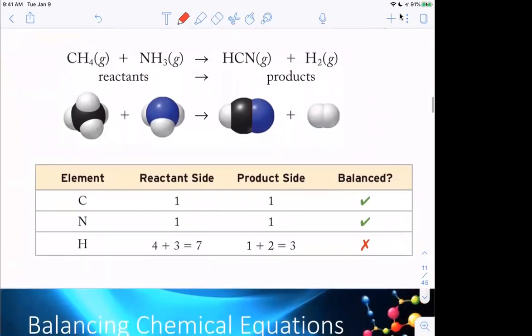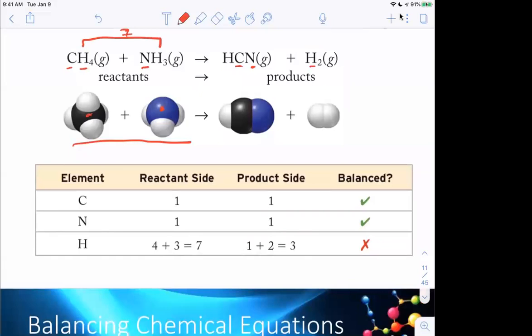So let's look at this reaction. I have carbon, hydrogen, and nitrogen. On the reactant side, which is this side, I have one carbon, I have one nitrogen, and I have 4 plus 3, which gives me 7 hydrogens.